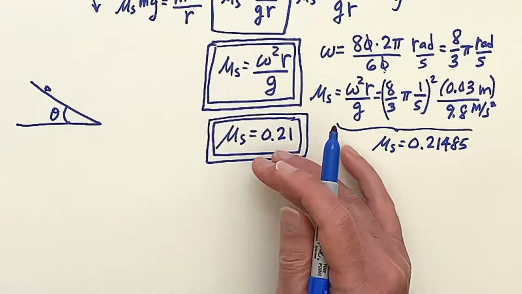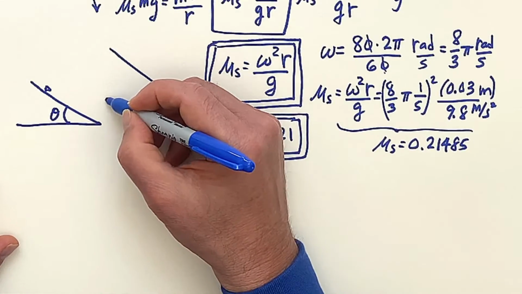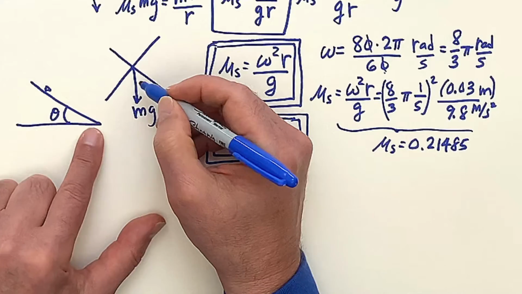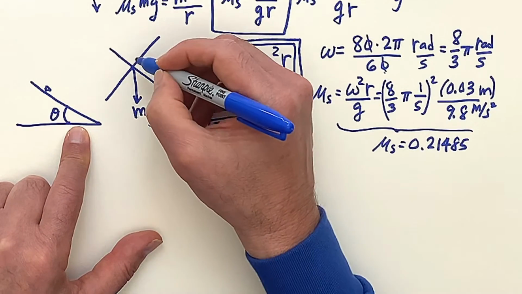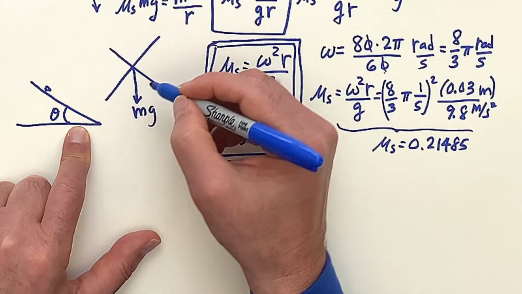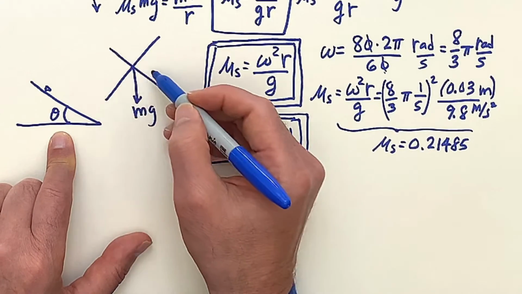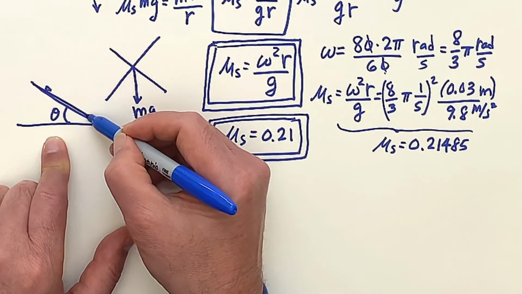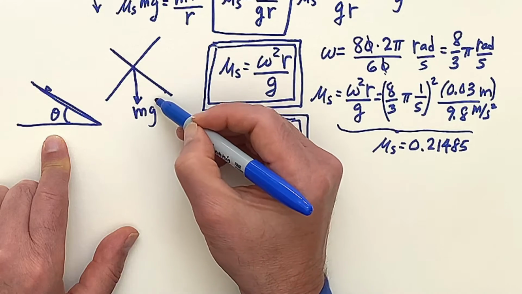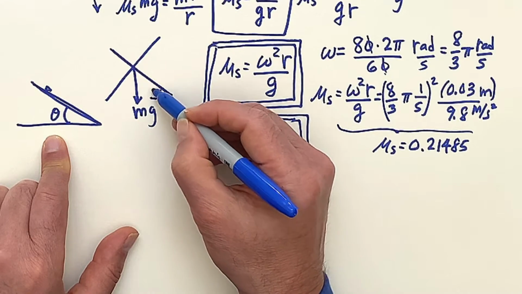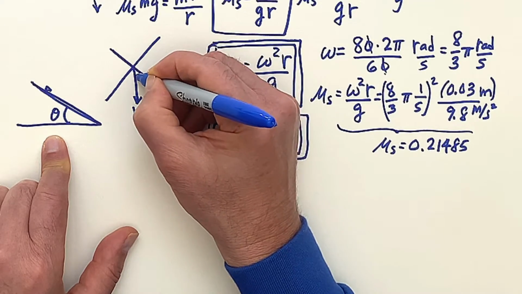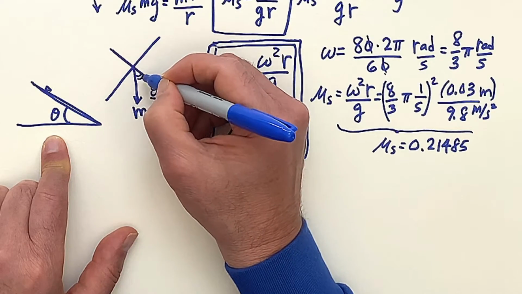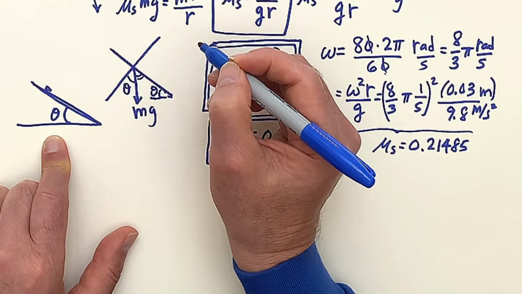If we reproduce this with an axis that's tilted, we have mg going down for the sushi, and this slant here is the angle theta. It's complementary to this angle, since that's a right angle here, right triangle. So this has to be theta over there again.